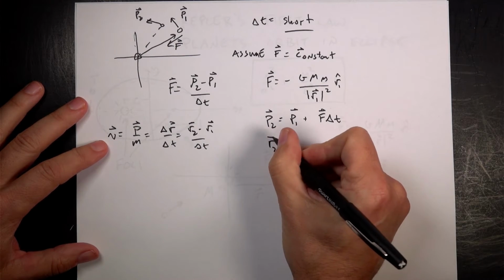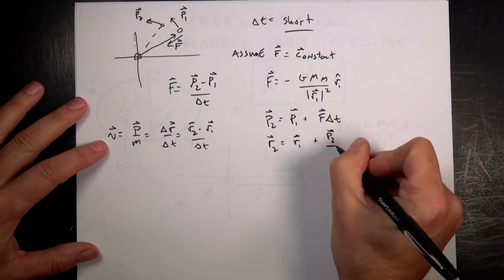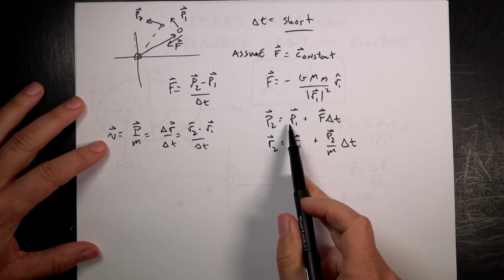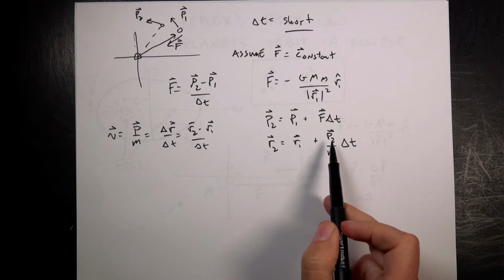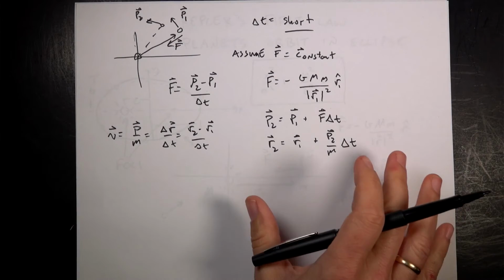So I get R2 equals R1 plus P2 over M delta T. So I put P2 here because I just calculated, updated the momentum. I'm using momentum at the end of the time interval. It turns out that works better numerically.